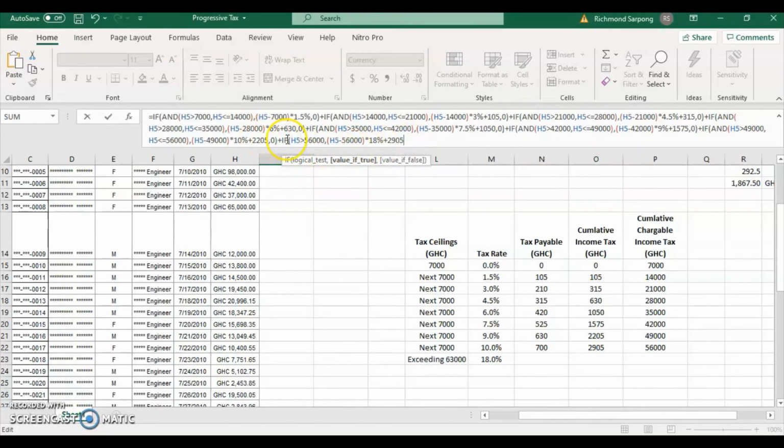Now, I have the last function. I need not write so much bringing the IF command because that's the last option that is left, which I'm over here.